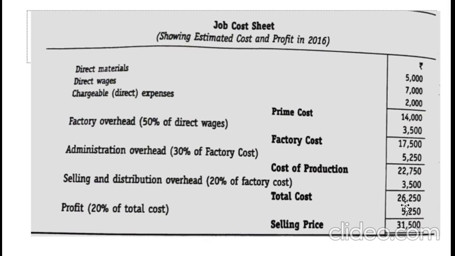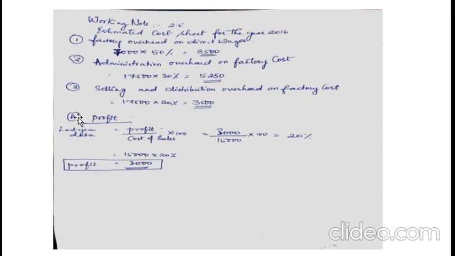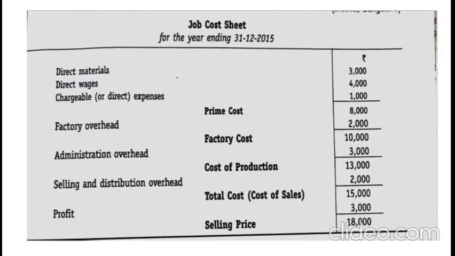So using that formula with the previous year's data, we will find out the percentage. So profit divided by cost of sales into 100. Profit is how much? 3,000. How did you get 3,000 in your previous year's data? To find out your previous year's percentage, your profit from your estimated cost sheet, which is 3,000, divided by total cost or cost of sales, which is 15,000.